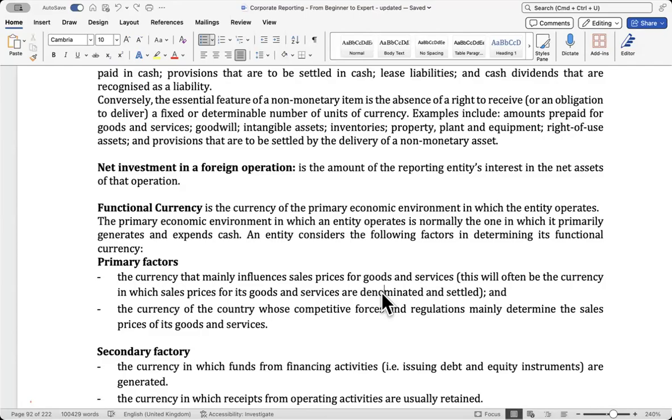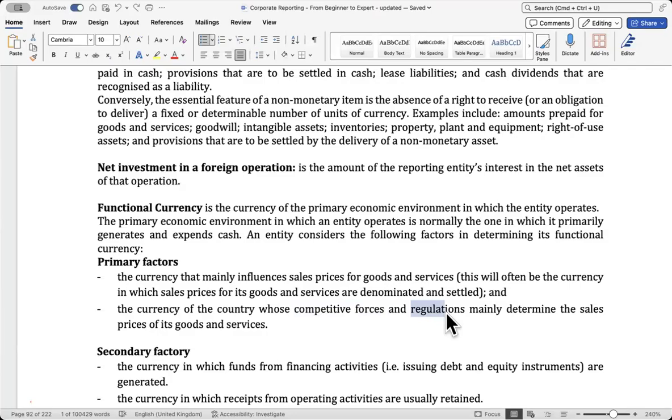The second one is the currency of the country whose competitive forces and regulations mainly determine your sales price. So the currency of that country is mostly your functional currency. These two are the primary factors.